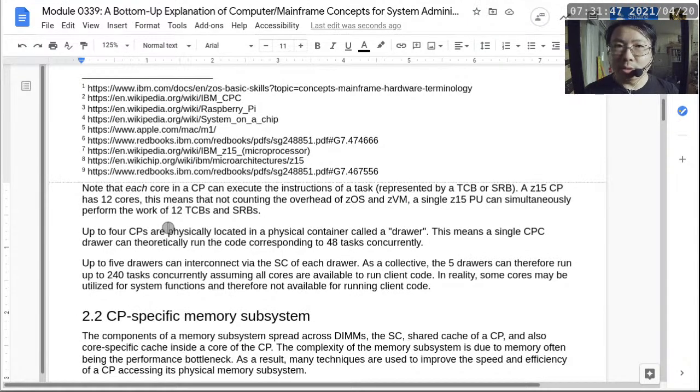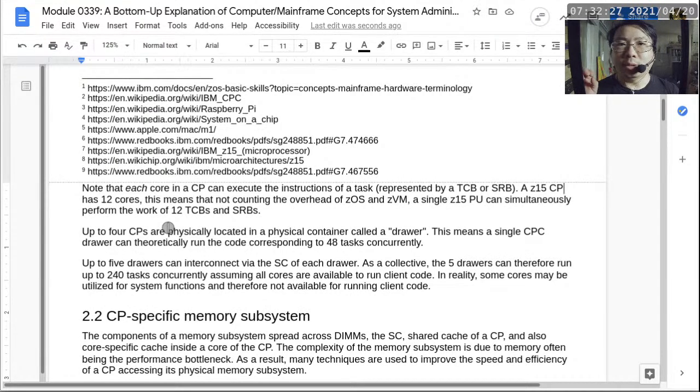But a central processor refers to a particular type of PU that is available for client applications. So a CP is basically saying, I can perform operations specific to the DMV, or operations specific to the Franchise Tax Board, and so on. Whereas a PU in general does not say that, because there are specialized processors that are still PUs, but they're not CPs. These specialized processor units perform only system operations.